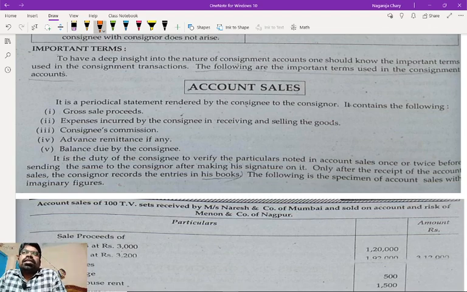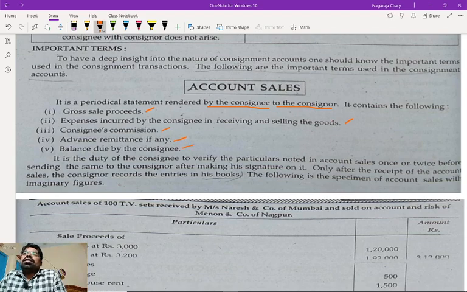Whatever statement is prepared by the consignee is sent to the consignor, containing the details: gross sale proceeds, expenses incurred by the consignee in receiving and selling the goods, consignee commission, advance remittance, and balance due by the consignee.